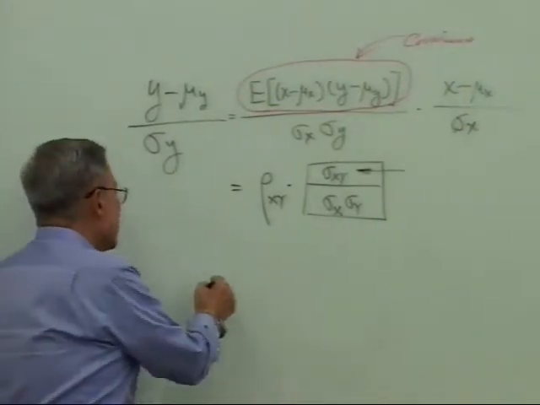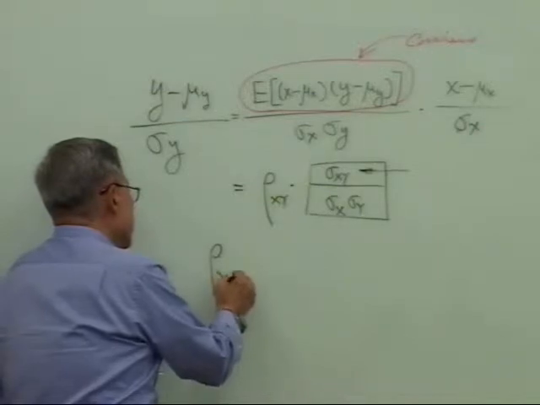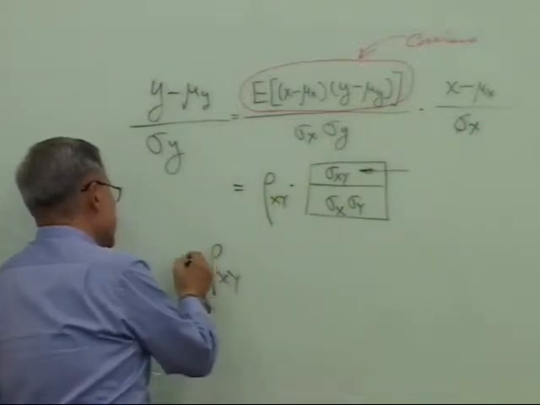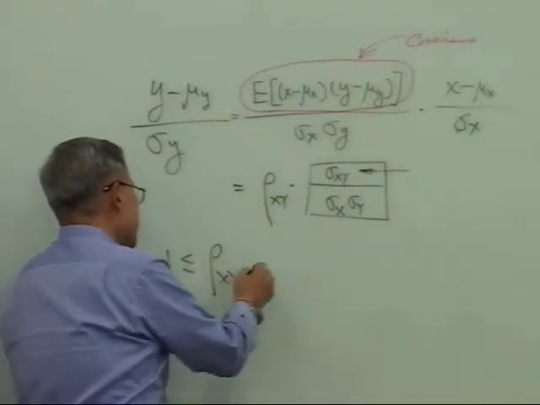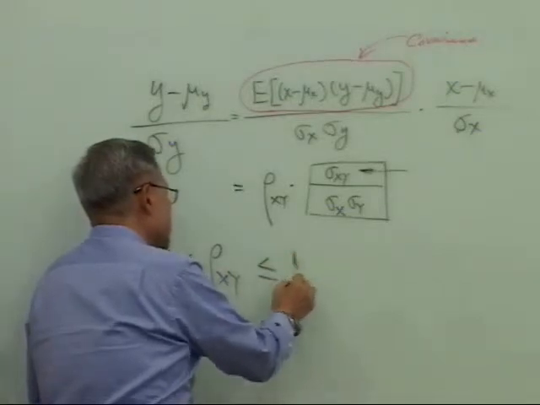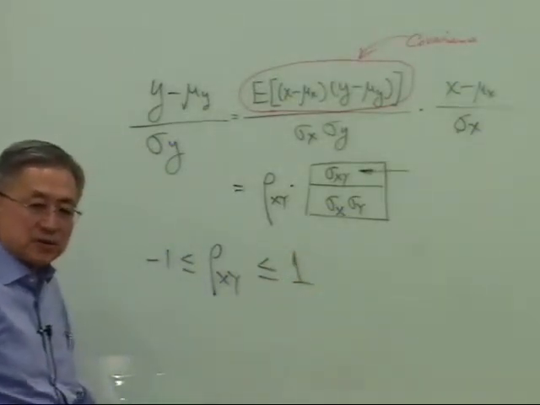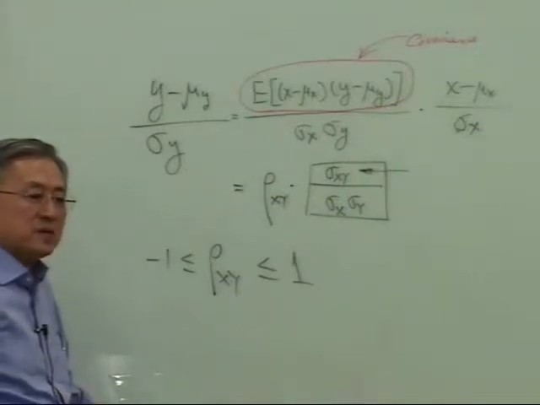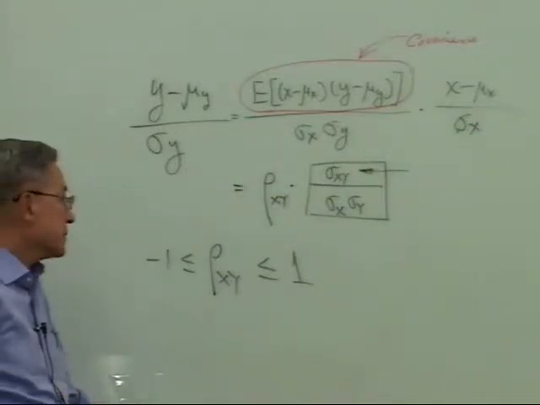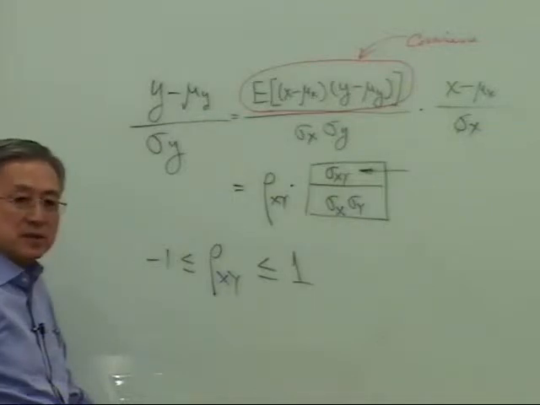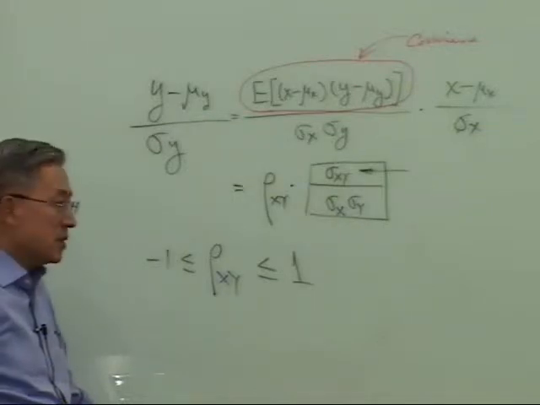The range of the correlation coefficient is -1 to 1. I can just say that's the range, so we'll quickly derive the range -1 to 1.